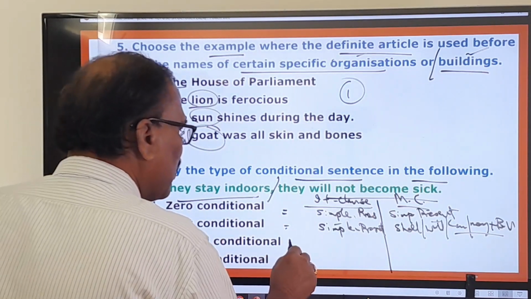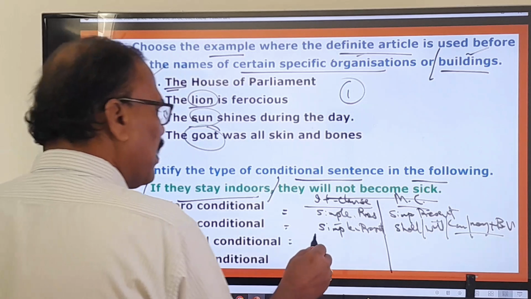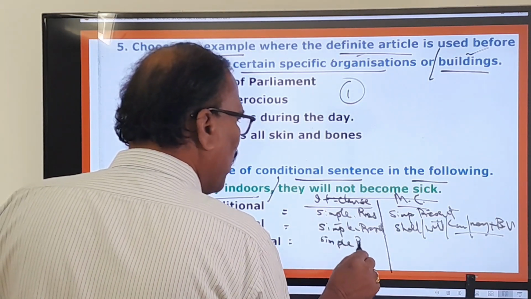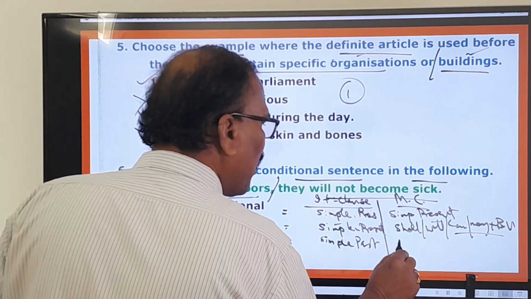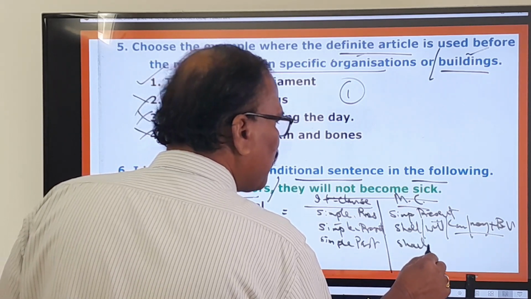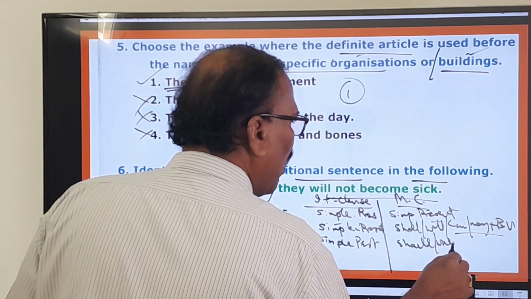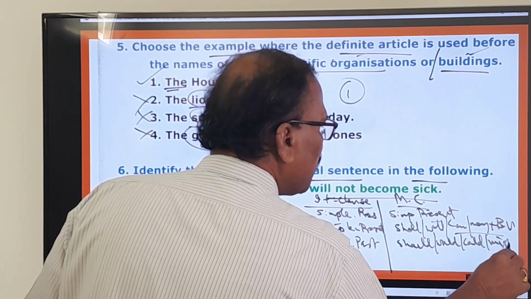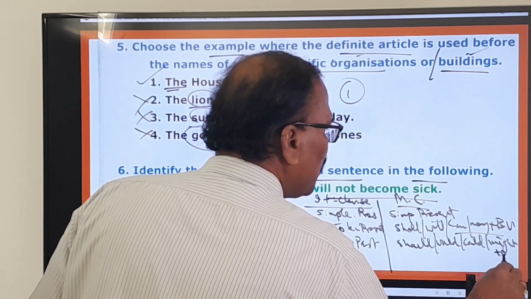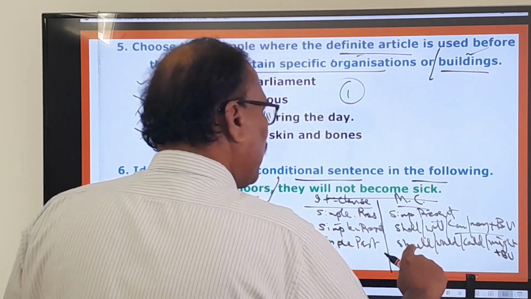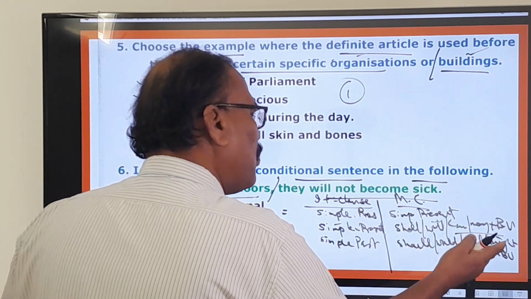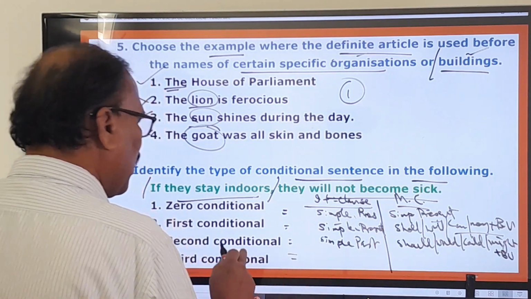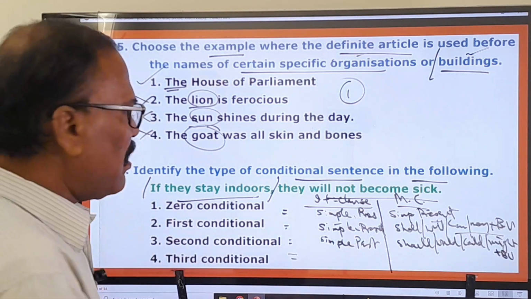A second conditional sentence is an impossible conditional sentence. Therefore, in the if clause part, there will be simple past tense. In the main clause part, there will be a sentence with should or would or could or might plus base form verb. Any one of them will be there in the main clause part. And third conditional means unfulfilled conditional sentences.